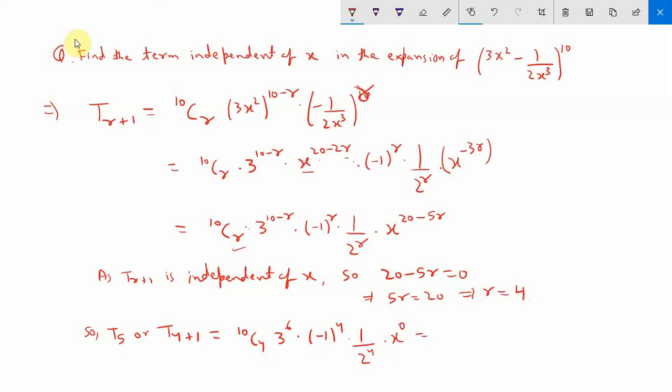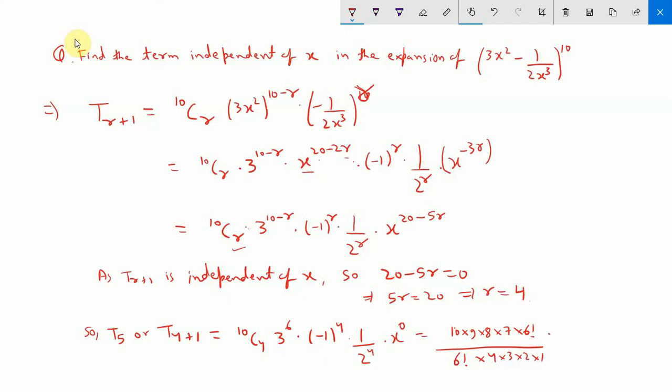Okay, so we will expand this as 10 factorial, so 10 into 9 into 8 into 7 into 6 factorial by 10 minus 4 equal to 6 factorial into 4 factorial, 4 into 3 into 2 into 1.